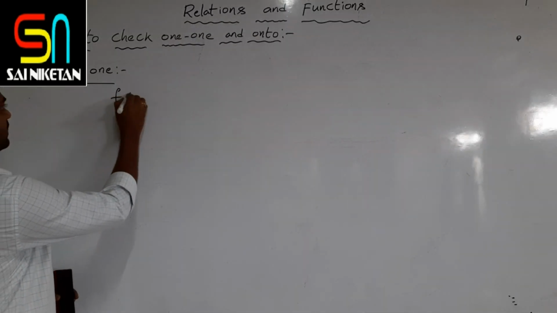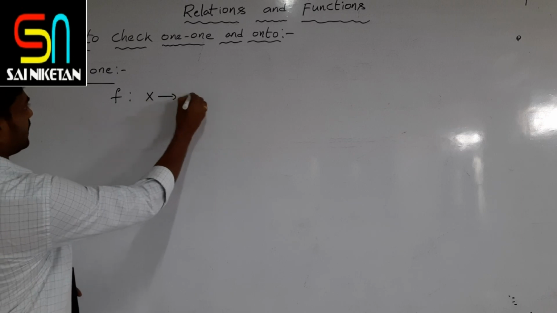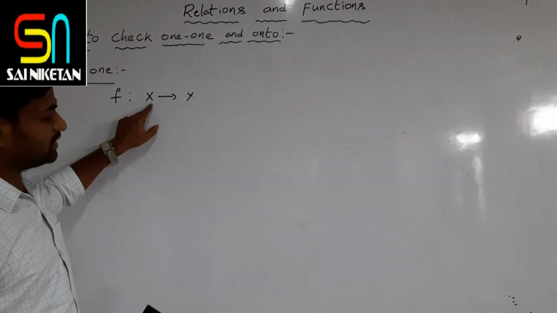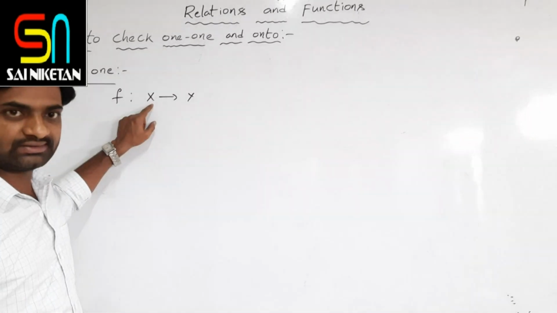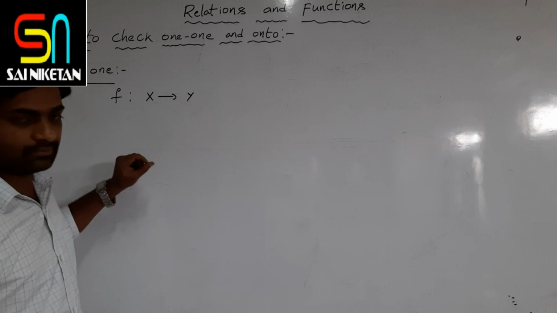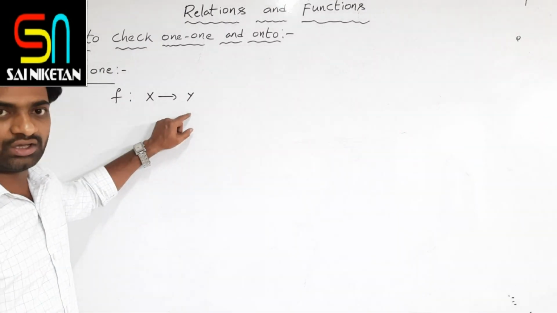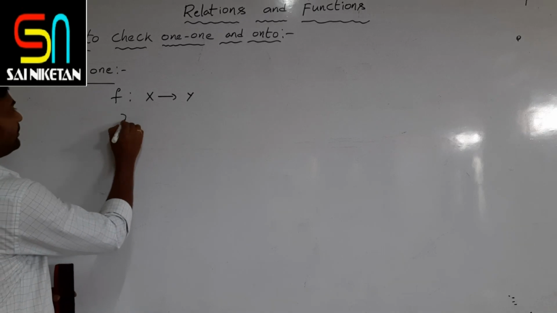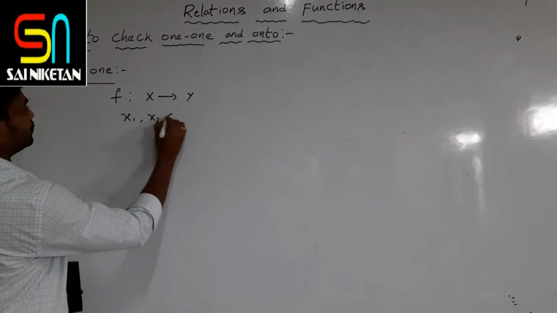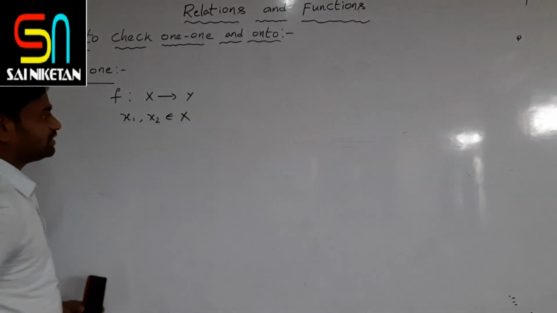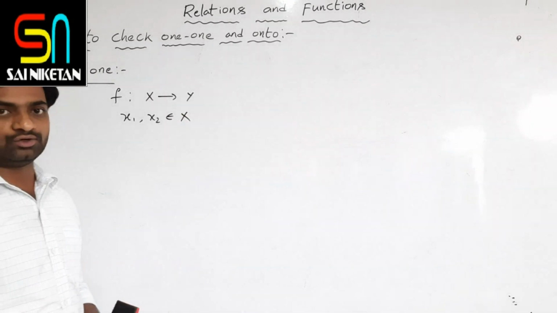Suppose one function f from capital X to Y. Capital X is the first set, that one is domain. Next, second set is capital Y, that is codomain. Now in this domain, I am taking 2 elements, x1, x2, belongs to capital X or domain.